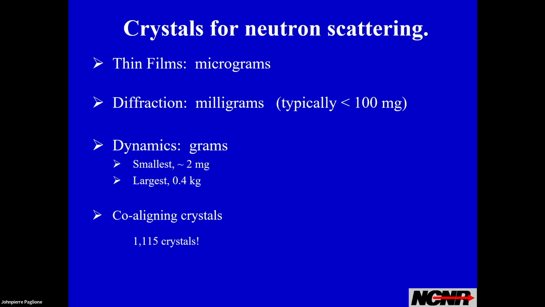When she was writing up the first draft, I saw this number, and because it's air sensitive, I never actually saw the sample. I asked her, are you sure it's 1,115? I think maybe one of the crystals fell off. And she very nicely wrote back and says, next time she's getting this, she'll count it again.